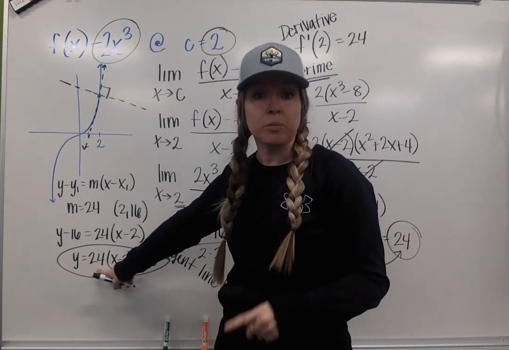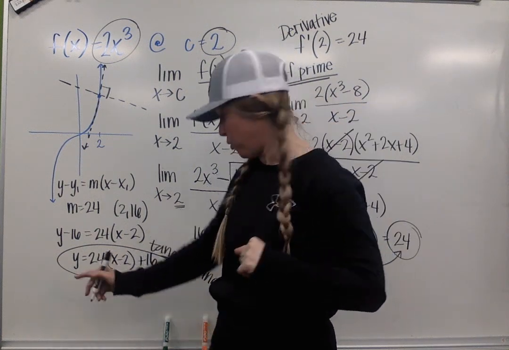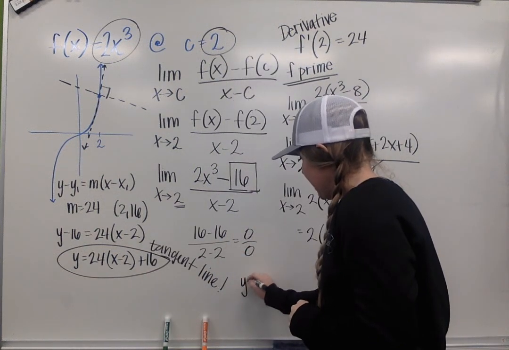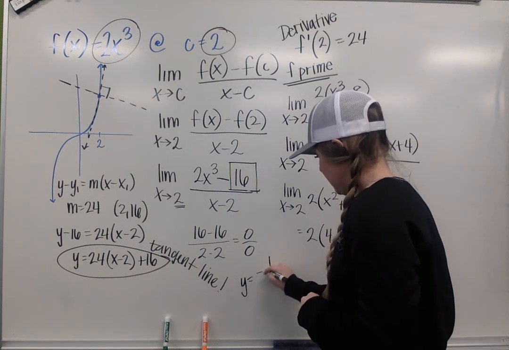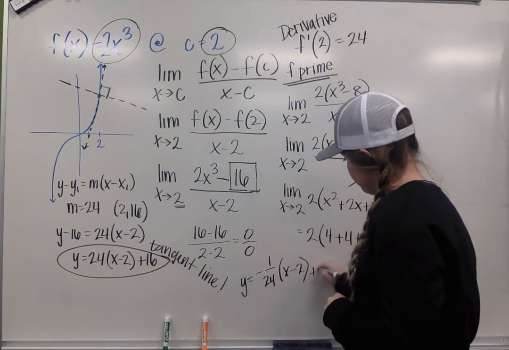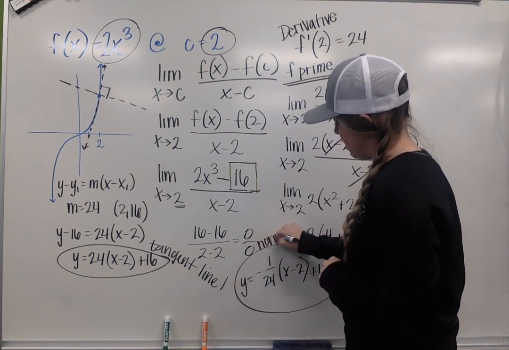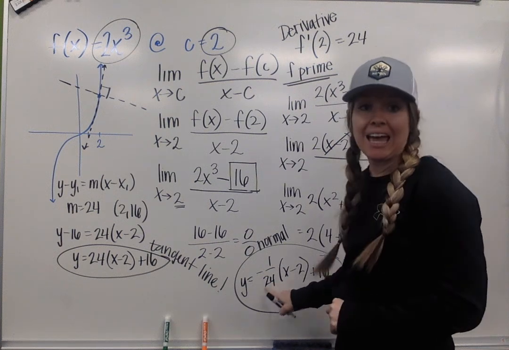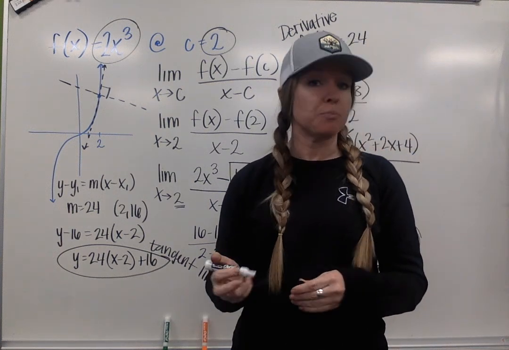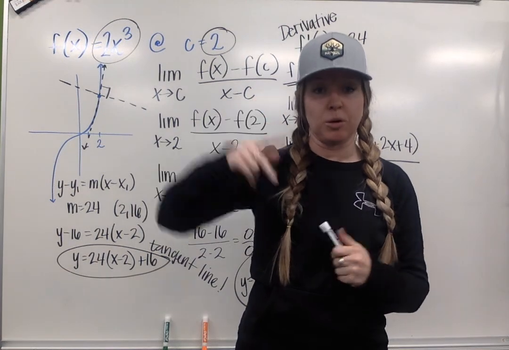So instead of a slope of 24, I'm going to have a slope of negative 1 over 24. So the equation of my line would then be negative 1 over 24 times x minus 2 plus 16, and this is my normal line. Again, the normal line is just perpendicular to the tangent line, so the slope is opposite reciprocal.